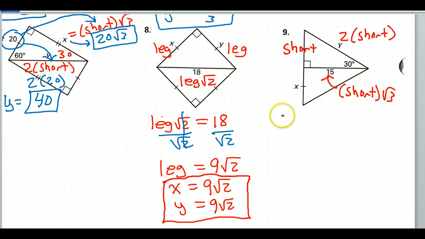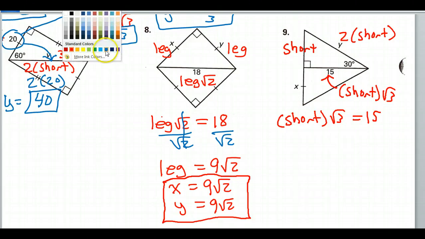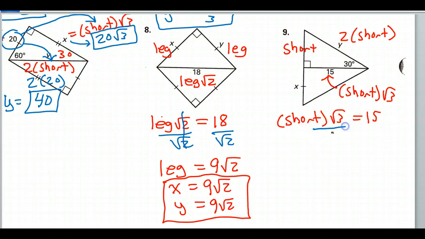So I'm going to write that separately over here. So short radical 3 equals 15 because of this. Of course, I could solve this equation for short by dividing by radical 3. So that's going to give me that the short side is 5 radical 3.